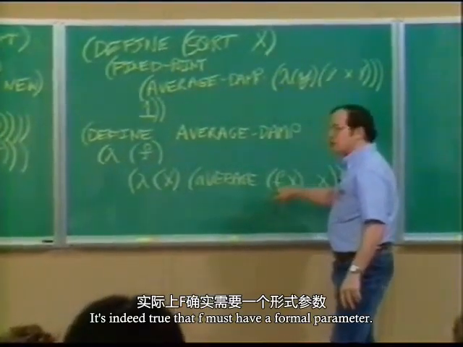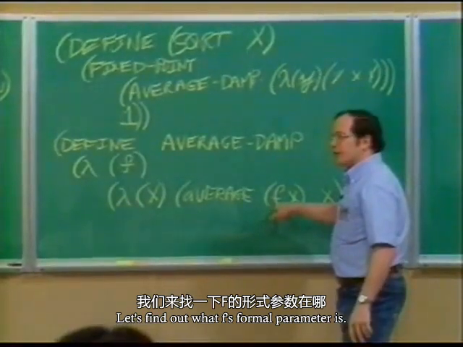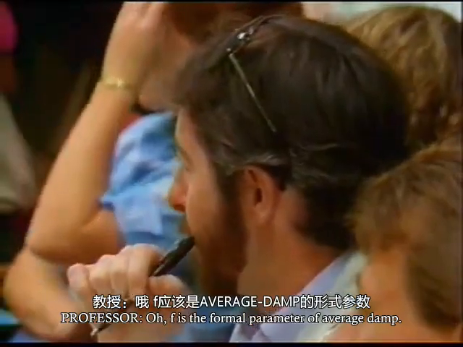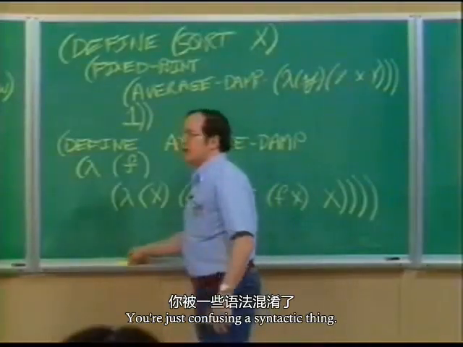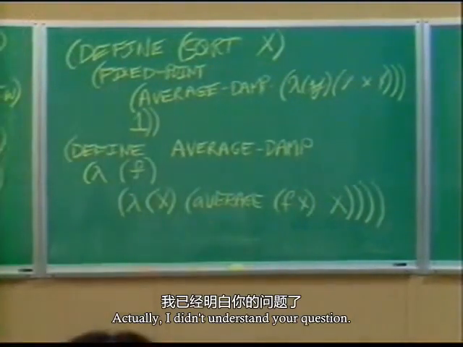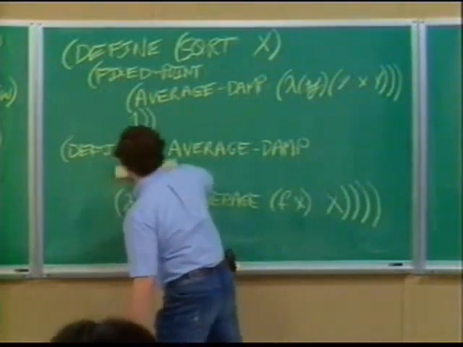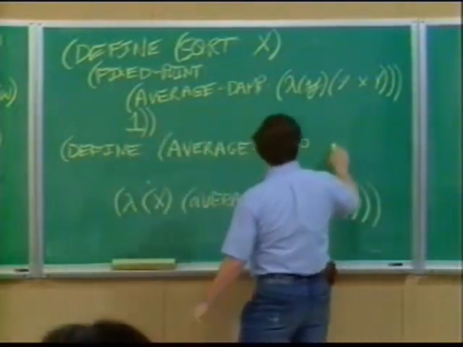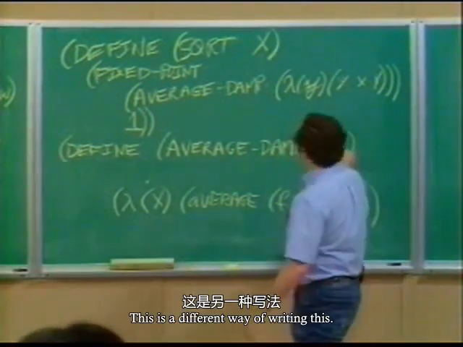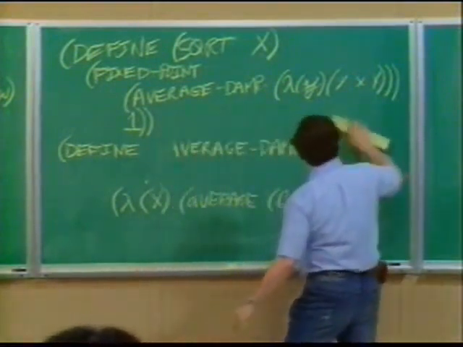It's indeed true that f must have a formal parameter. Oh, f is the formal parameter of average damp. I'm sorry, you're just confusing a syntactic thing. I could have written this the other way. I'm sorry, I didn't understand your question. Of course I could have written it this other way. Those are identical notations. This is a different way of writing this.